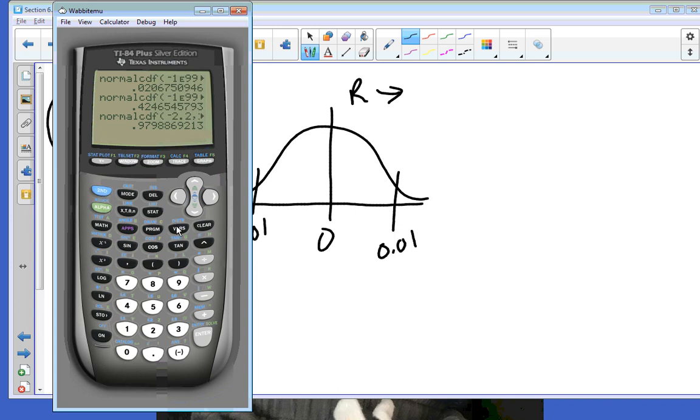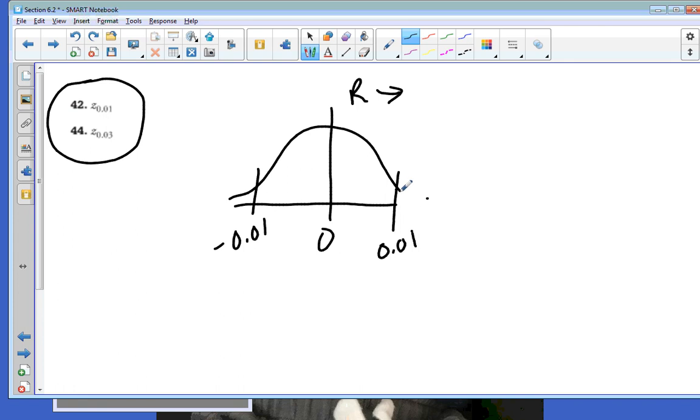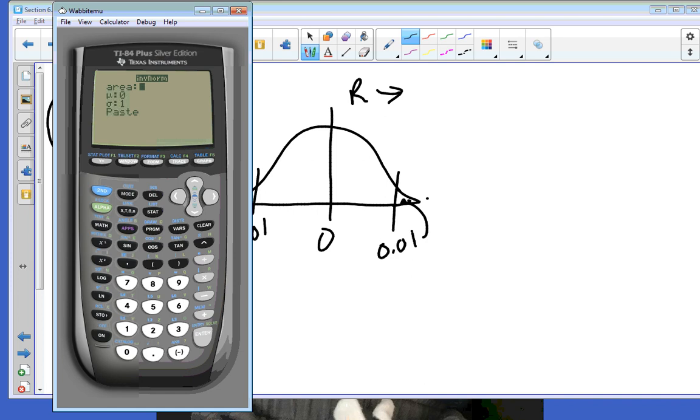So second distribution, and I'm going to do the inverse norm because now I have the area and I'm looking for the z-score. This is another important reason to remember that z-scores are only 2 digits. Area is 4. Do not get them confused. So I'm looking for the area right here or right here, and give me that z back.